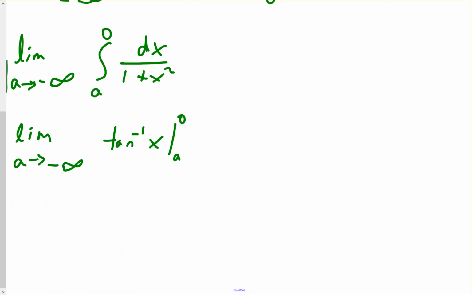And so that means we have the limit as a approaches negative infinity, inverse tangent of 0 minus inverse tangent of a.